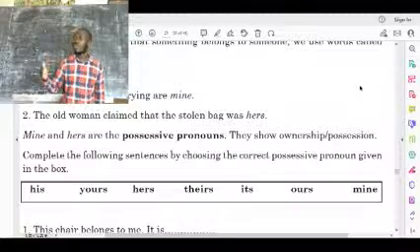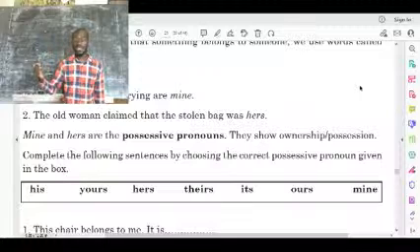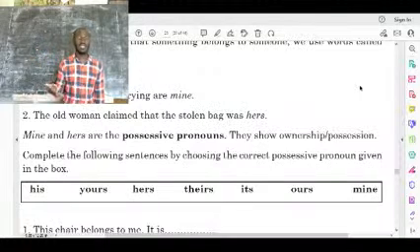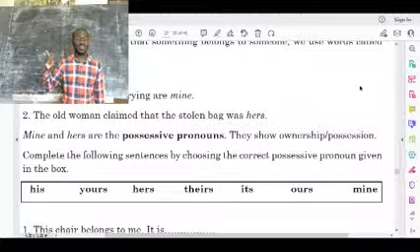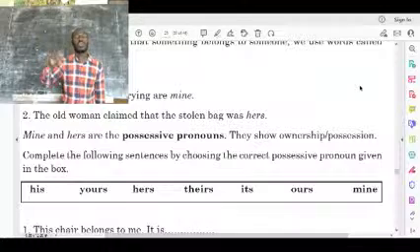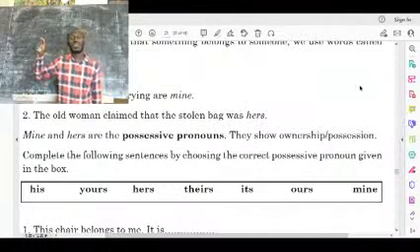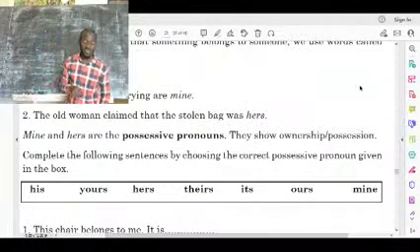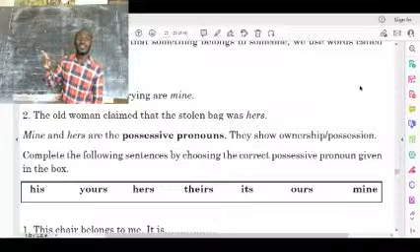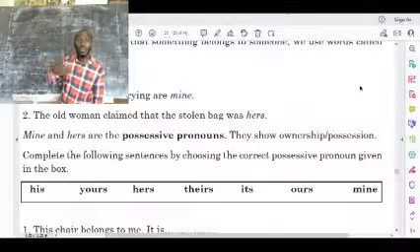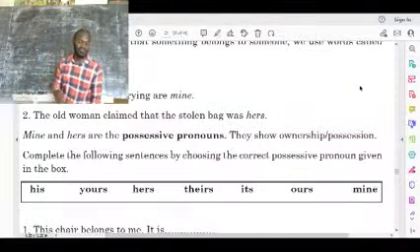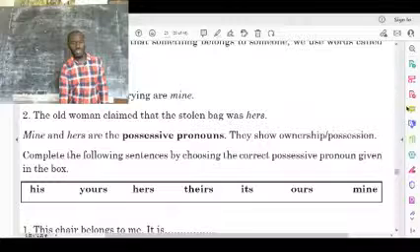For instance, if you are talking about maybe a tree and its leaves, you can say its leaves. Just like you say the tree's leaves, you can say its leaves. So meaning that those leaves belong to that tree.